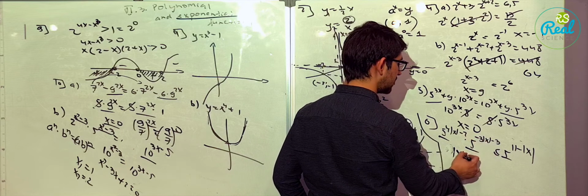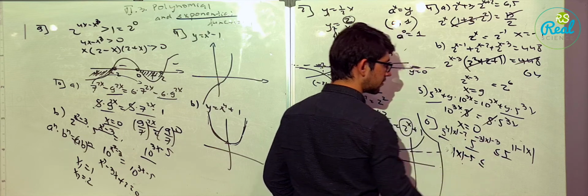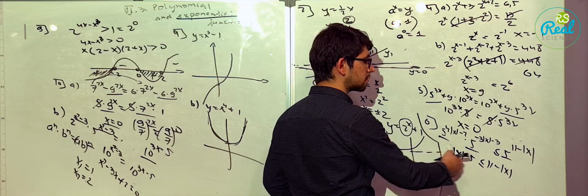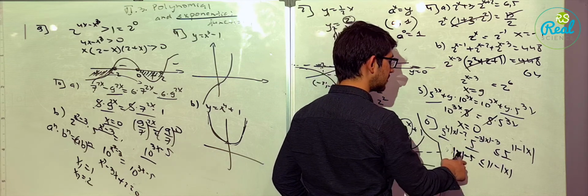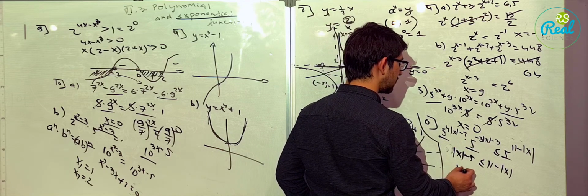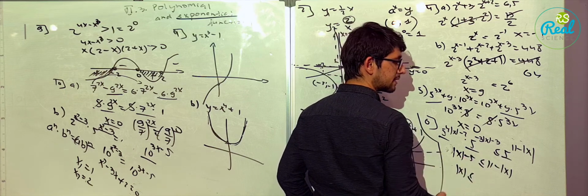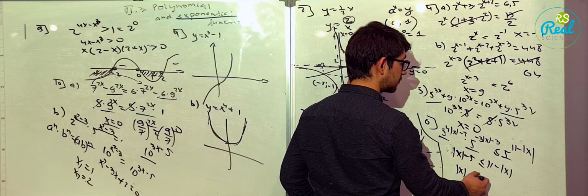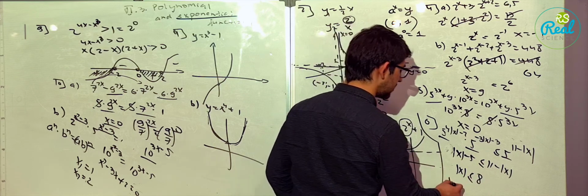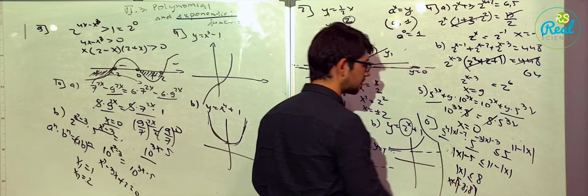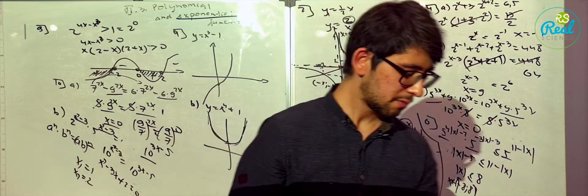Minus 2 minus 3 is minus 5, less than or equal to 11 minus modulo of x. Modulo of x turns to one side and changes the sign, right? Modulo of x twice, less than or equal to 11 plus 5, which is 16. So you are dividing by 2. It becomes 8. And your x falls within the interval from minus 8 to 8. So both included, okay?